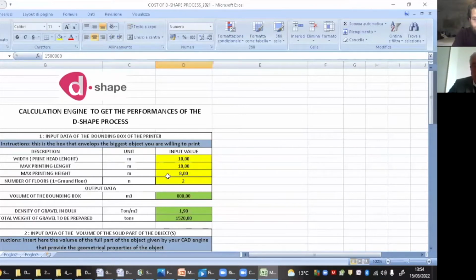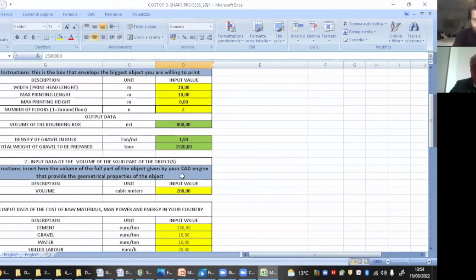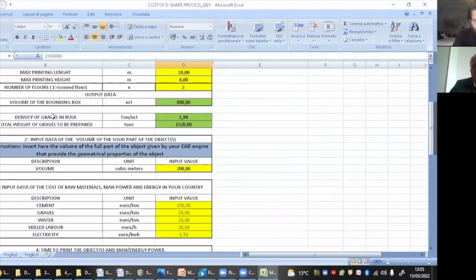So we are talking about a two-story building, ground floor plus first floor. So we are talking about 800 cubic meters of building. And here you have the density of the aggregates in tons per cubic meter.